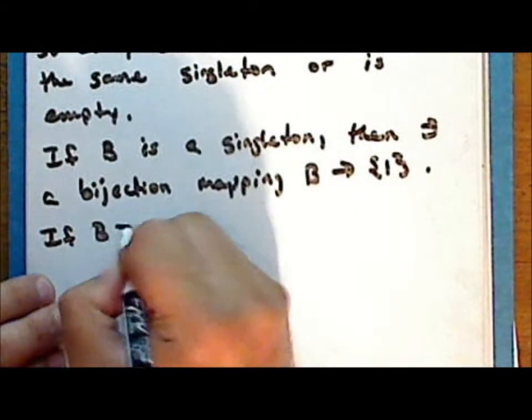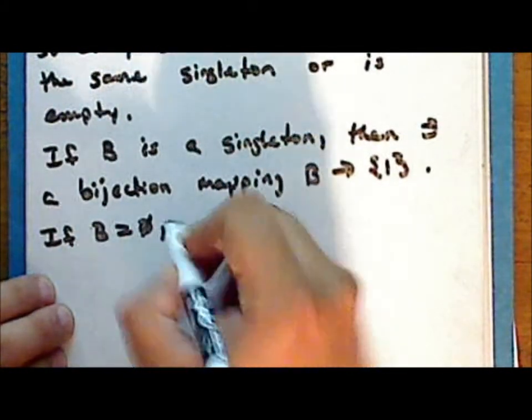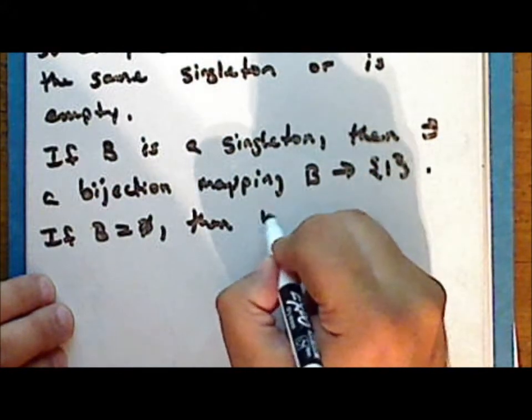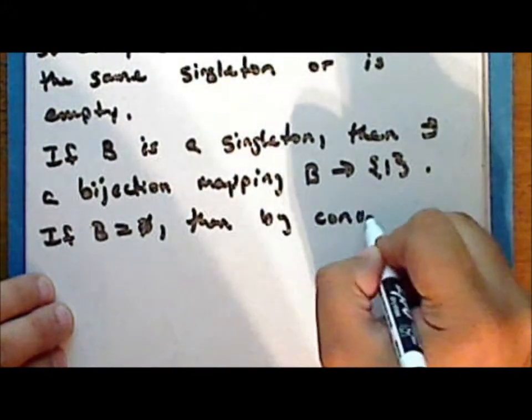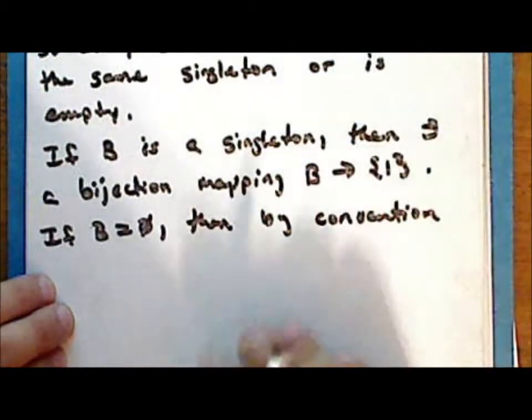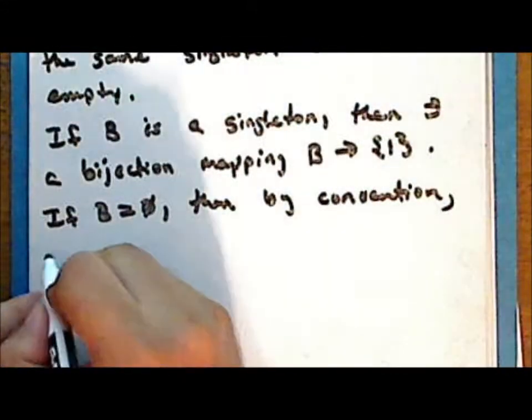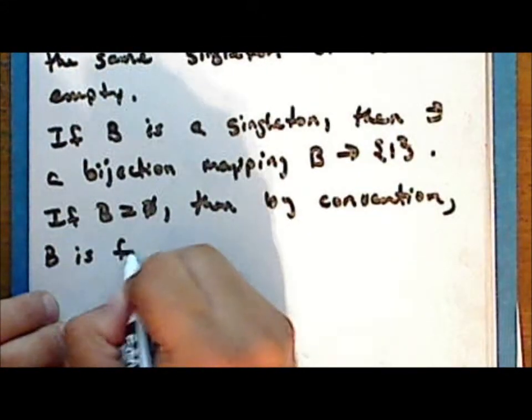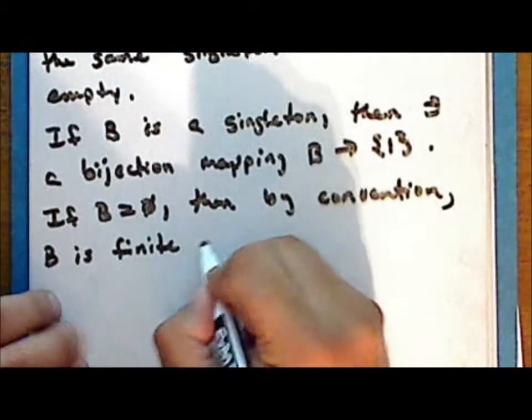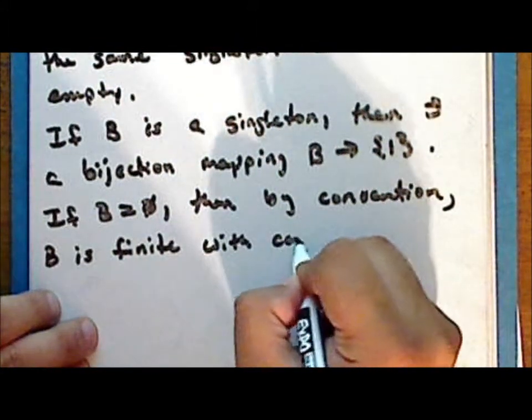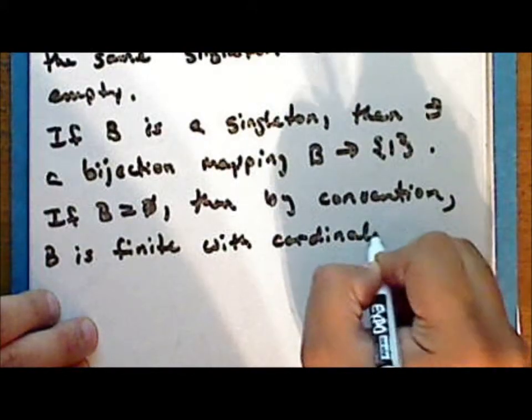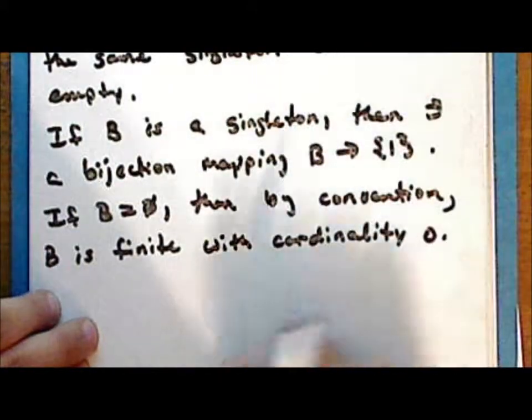And if B is empty, then by convention, B is finite with cardinality 0.